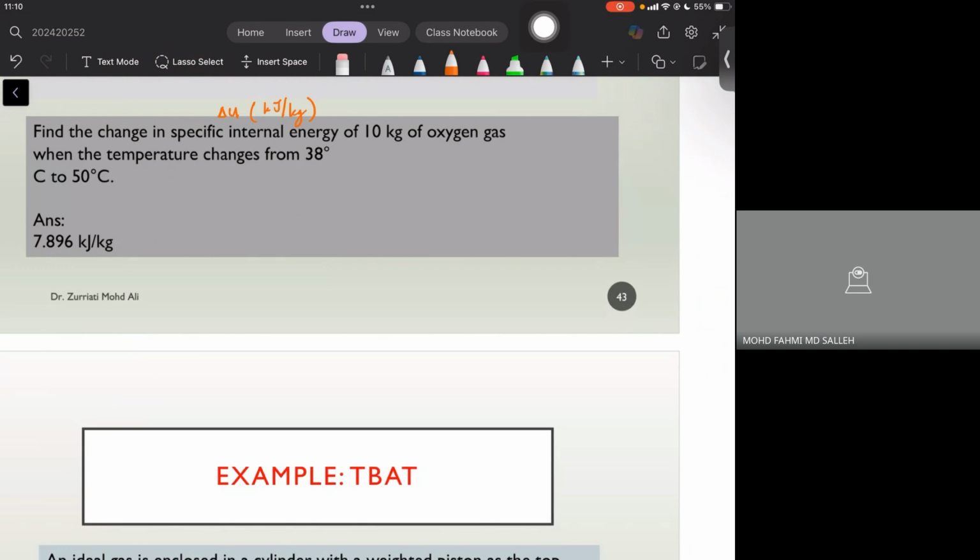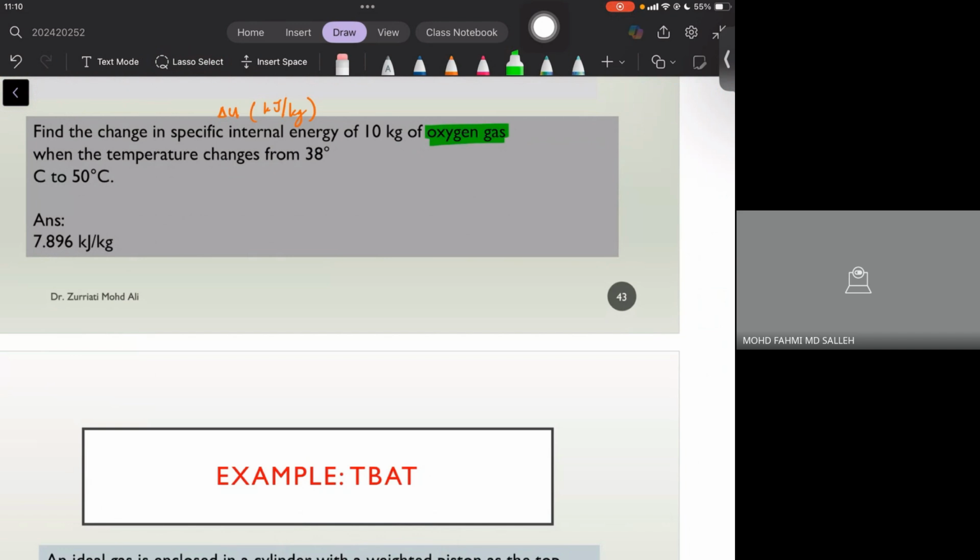Find the change in the specific energy of 10 kilogram of oxygen gas. So again, look at the substance. It will be oxygen, and we are going to use the formula or equation for the ideal gas.